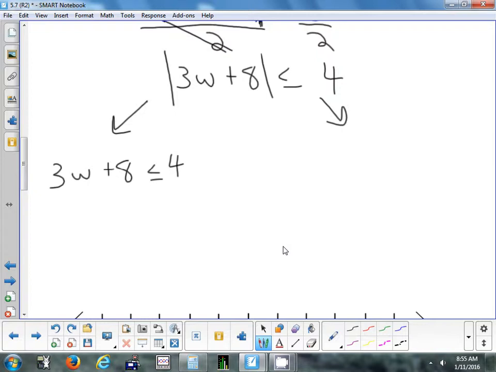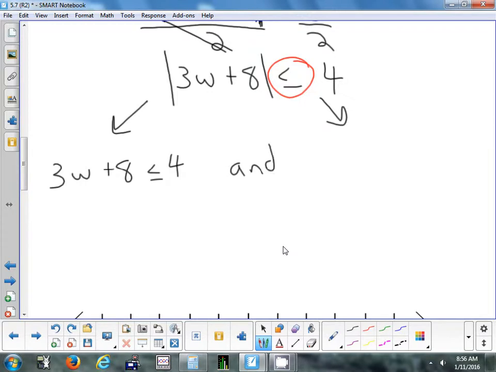What's it going to be? It's going to be an and, right? How do you know that, Michaela? Michaela went back to the original problem, and she said that's a less than sign. So it's less than. When it's a less than, it's an and. When it's a greater than, it's an or. So this is going to be an and.